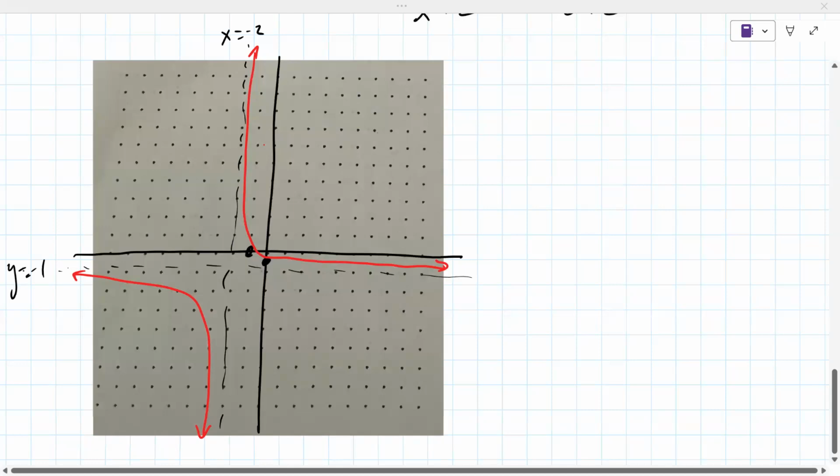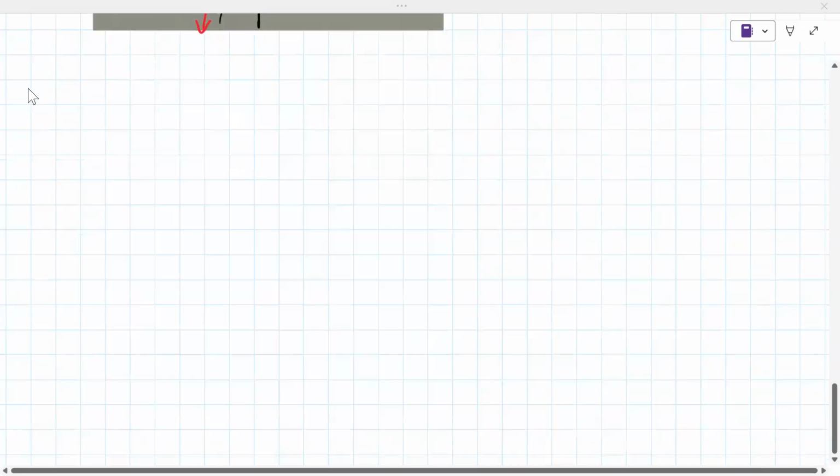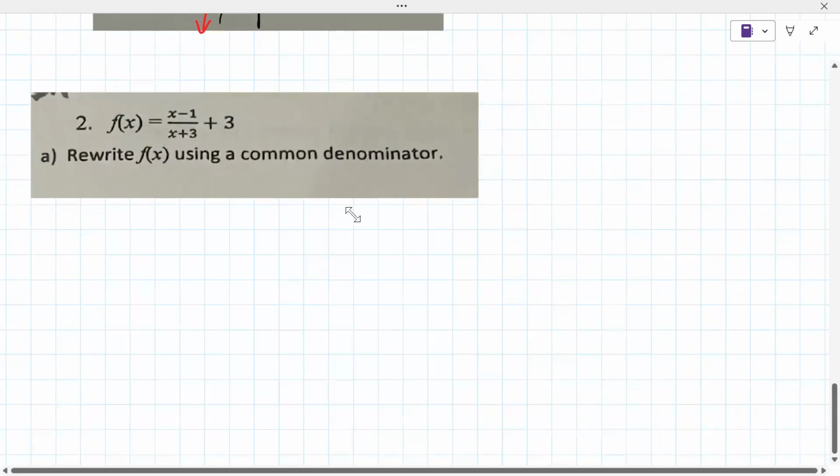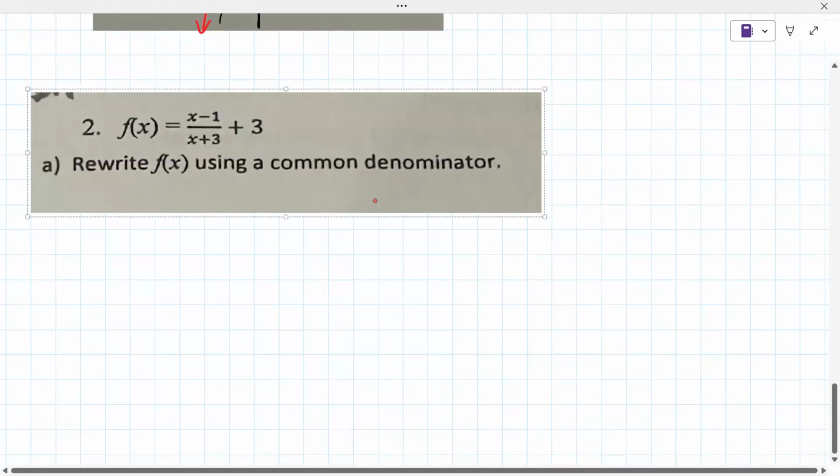I'm back. All right, let's take a look at question number 2. It's going to be a lot of the same stuff we just did. Okay, so it says rewrite using a common denominator.